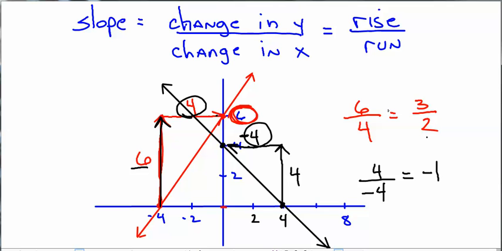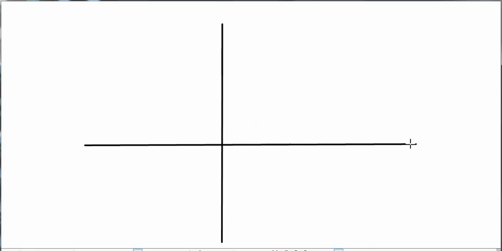Do you see it? Confused? You're trying to get from one distinct point to another distinct point on the graph.